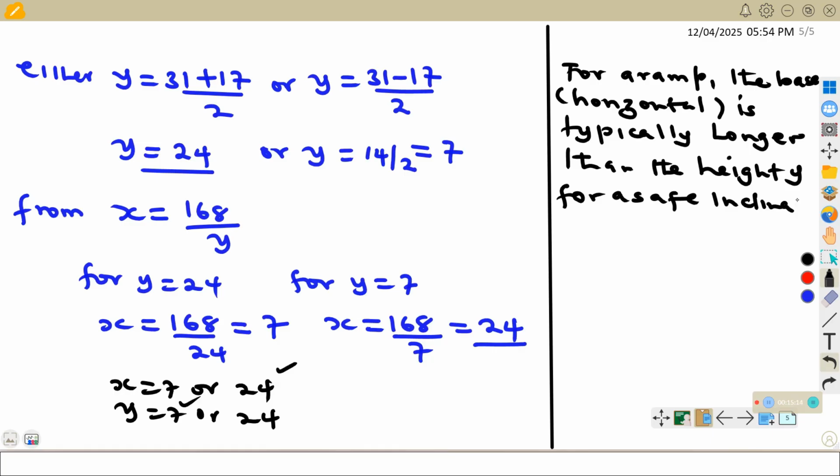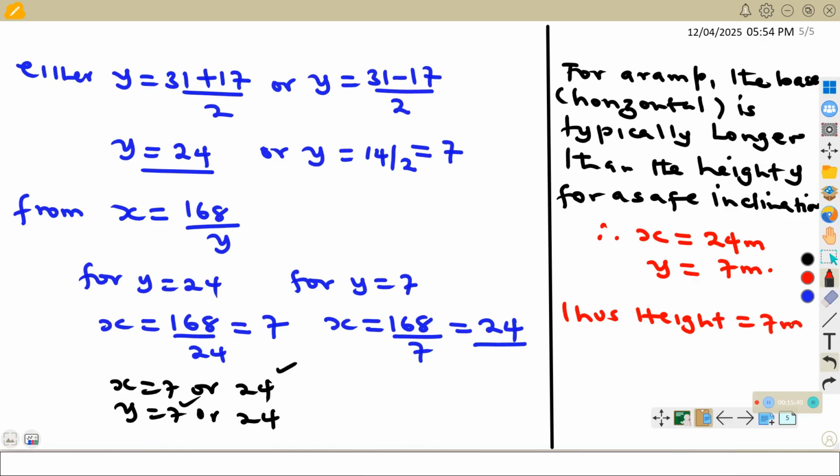So that's why we shall therefore choose our x as 24 and y as 7. Thus we shall have our height as 7 meters and our base as 24 meters. In other words, we shall take this set: when y is 7, our x is 24. Remember, there is also this option when y is 24, x is 7.